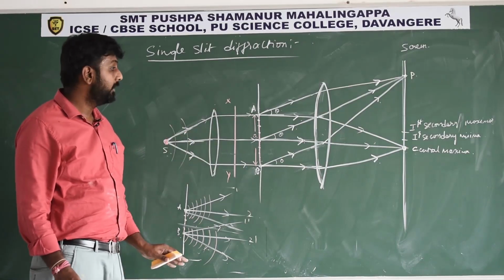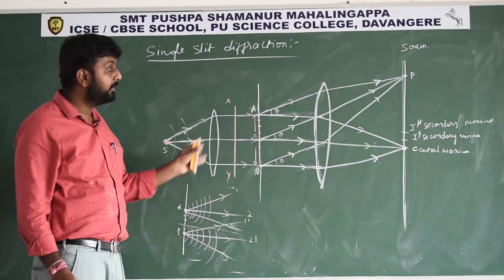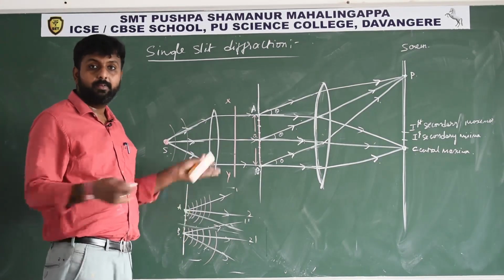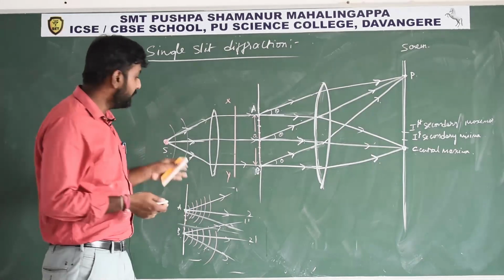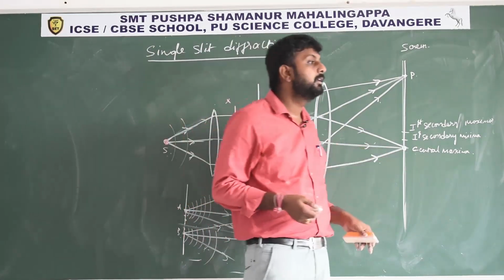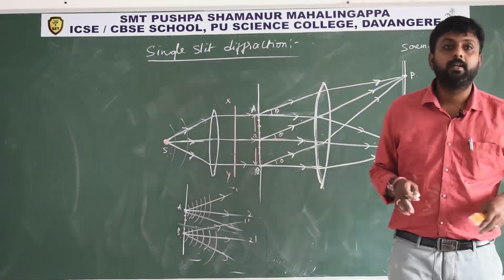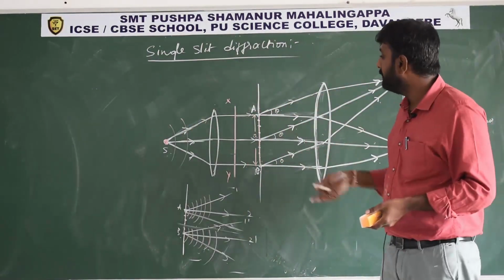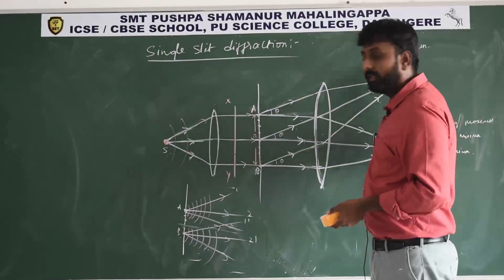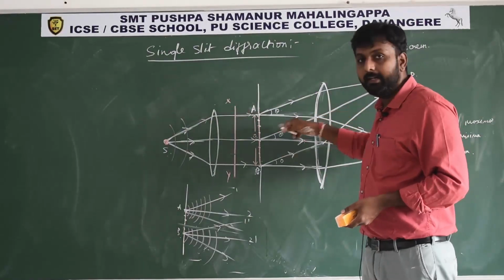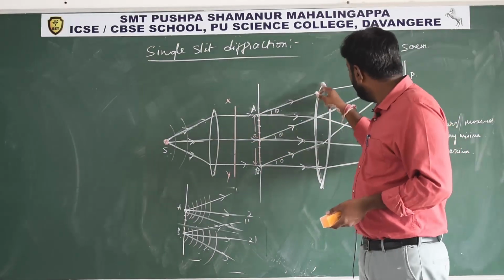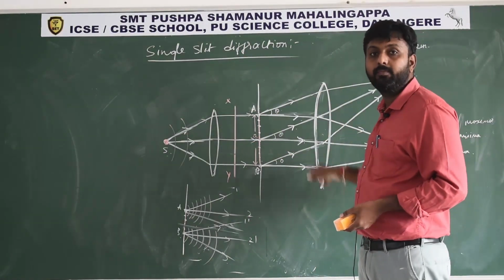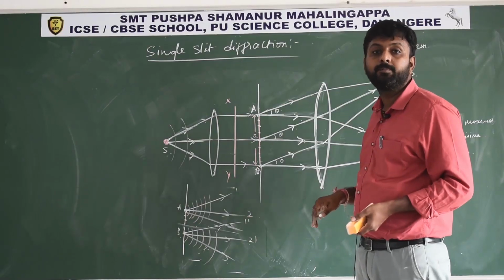And I said here how the source and screen are in Fraunhofer type diffraction. You know that the distance between source and screen is effectively infinite. That means for this lens, where is the object?